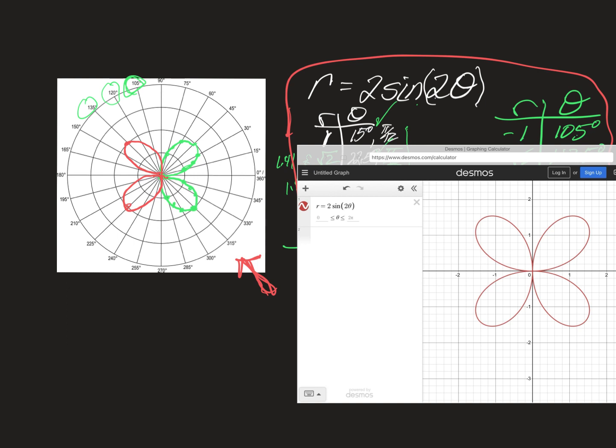So don't get lazy and just use the technology. Try to do a portion of it and then go do the rest. Now, this is how you would do every polar coordinate graph. They're all done the same for the most part. I'll show you a couple of other interesting ones, but that'll be what we do in just a moment.